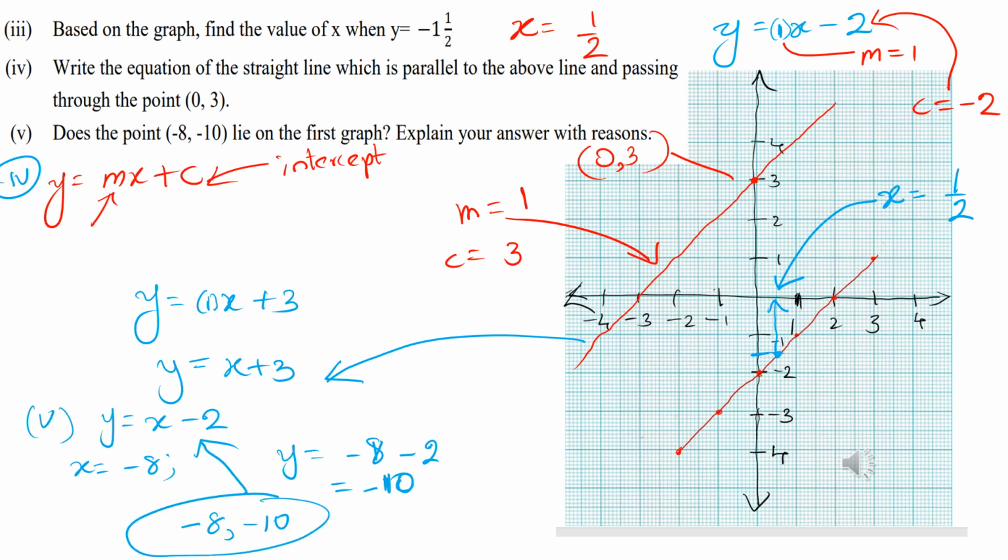So you can say this point lies on the first graph. This is the answer with the reasoning. I think you understand this, so let's go to the next part.